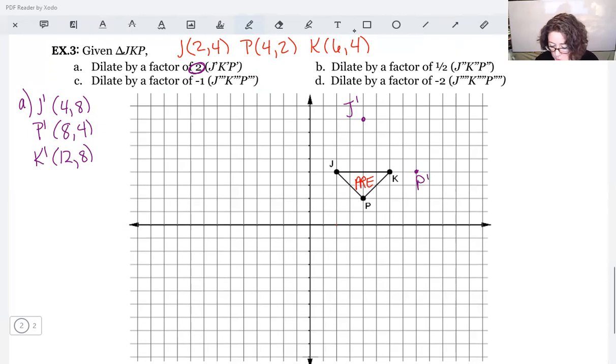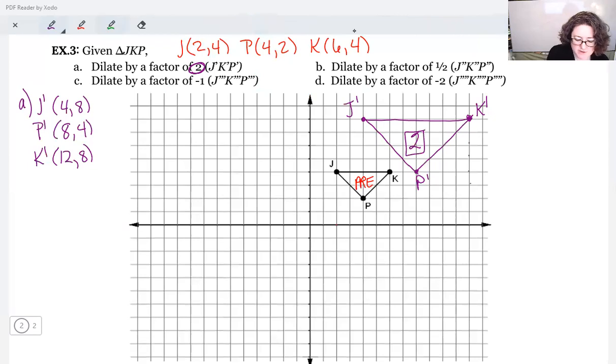And then K is at 12, 8. 1, 2, 3, 4, 5, 6, 7, 8. There's K prime. Hey, multiplying by 2 again did 2 things. So the dilation factor of that one was 2, twice as big, and stretched out further away from the origin. Awesome. Let's try out the next one.